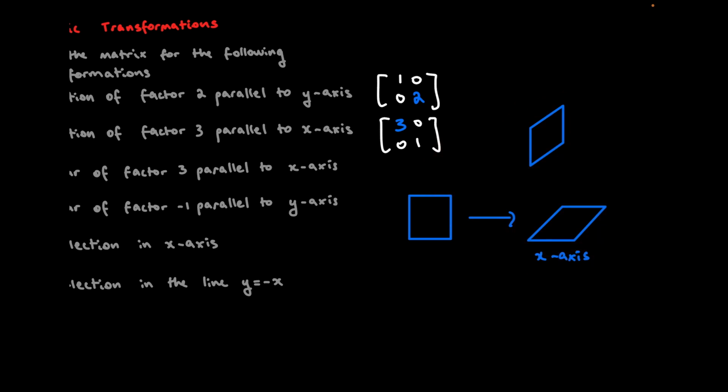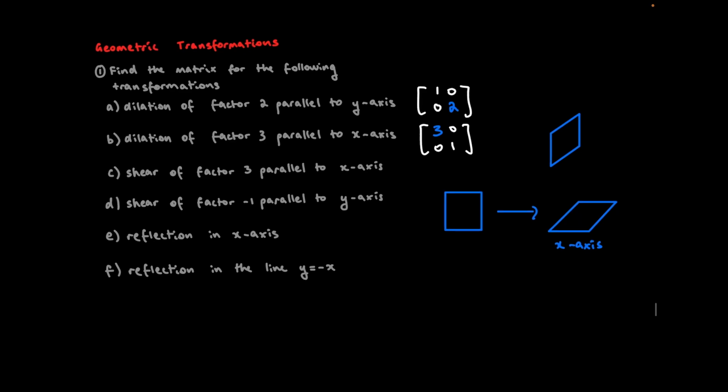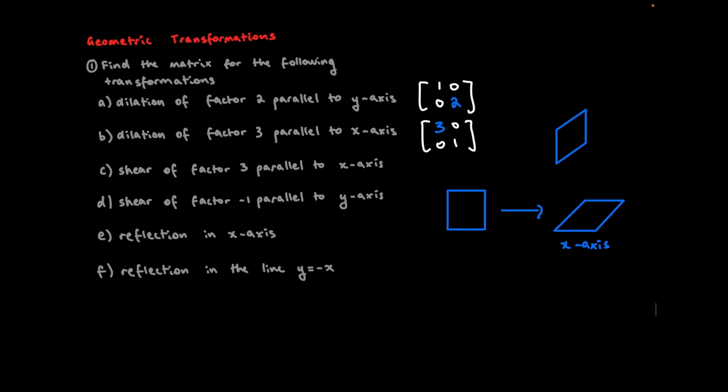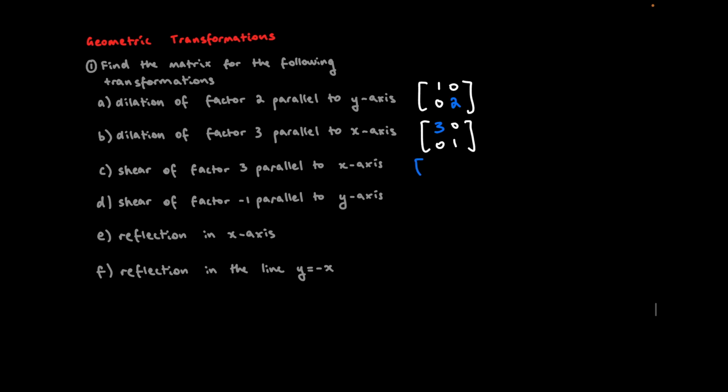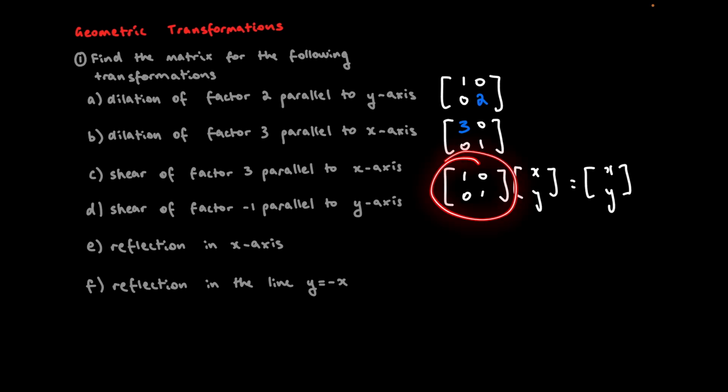So to describe the matrix of a shear, all we can do is start off with our identity matrix, and we can multiply some x, y coordinates. So now that we have our identity matrix, the shear will end up something like this.